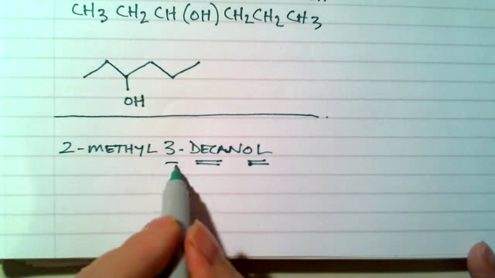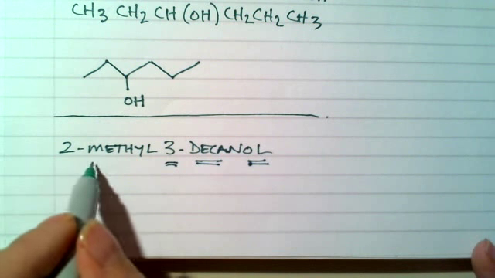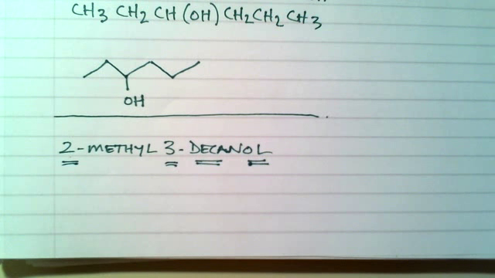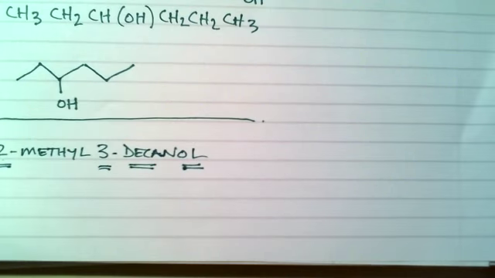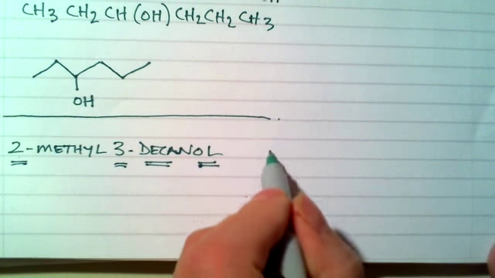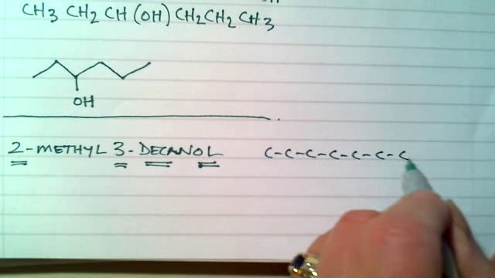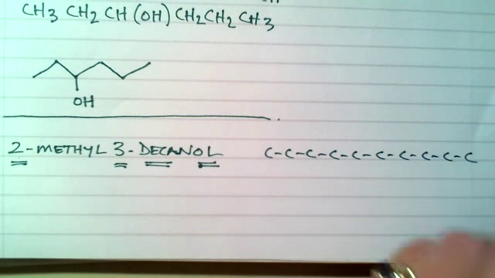The hydroxyl group is on carbon number 3, and there's a methyl substituent, which is CH3, hanging off of carbon number 2. 1, 2, 3, 4, 5, 6, 7, 8, 9, 10.